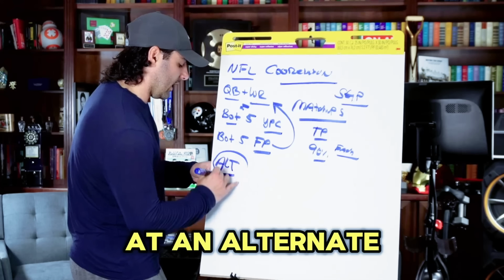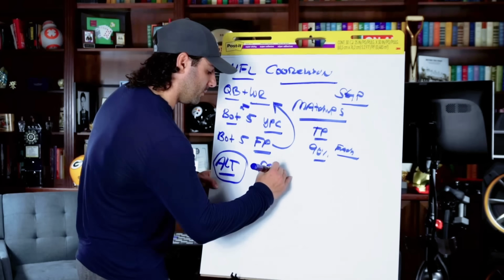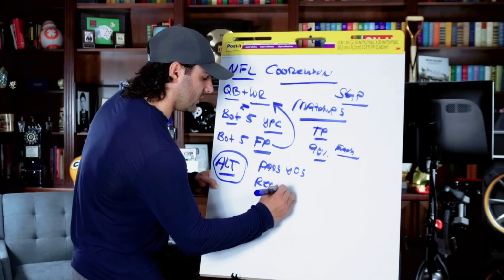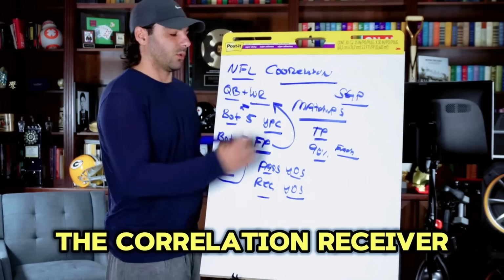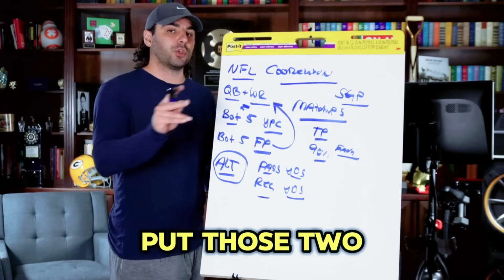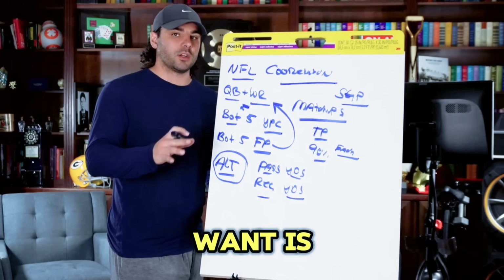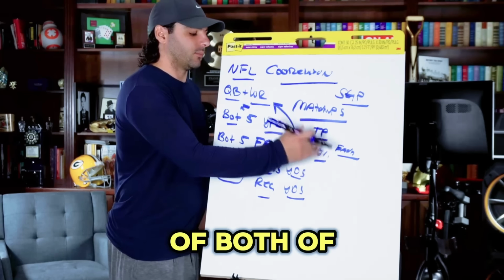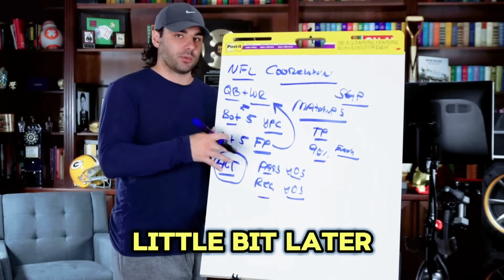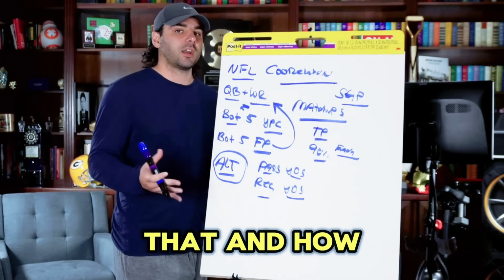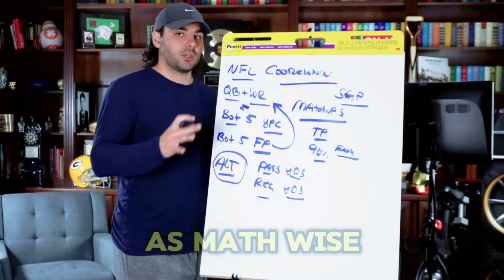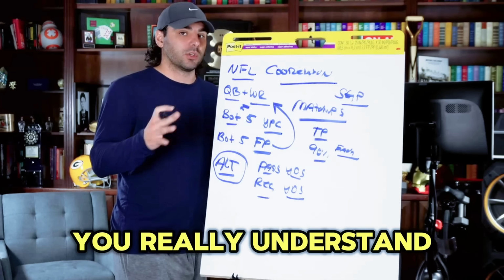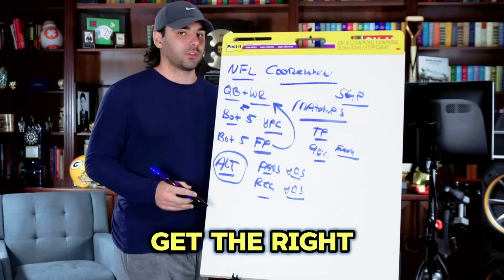You're going to be looking at an alternate line here for passing yards and receiving yards for, obviously, the correlation receiver. Now, when you put those two together, what you're going to want is you're going to want your implied odds to be lower than what the true probability is of both of those hitting. And I'm going to show you a little bit later in this video how to correlate that and how it actually looks math-wise, so that way you really understand exactly how to get the right play down.